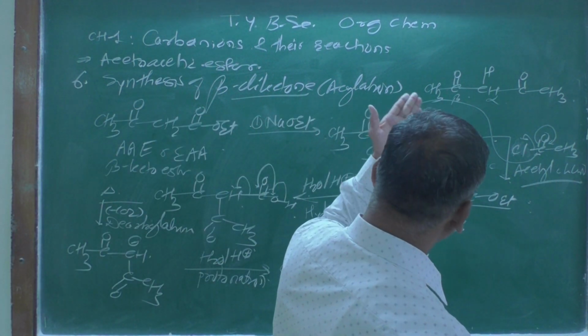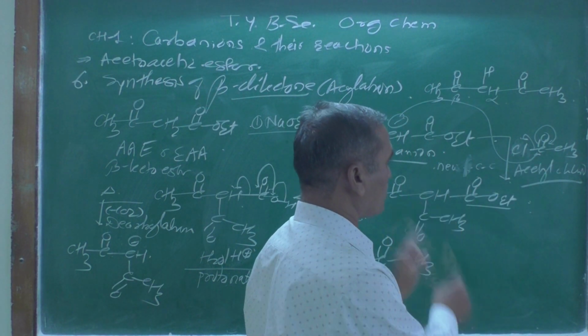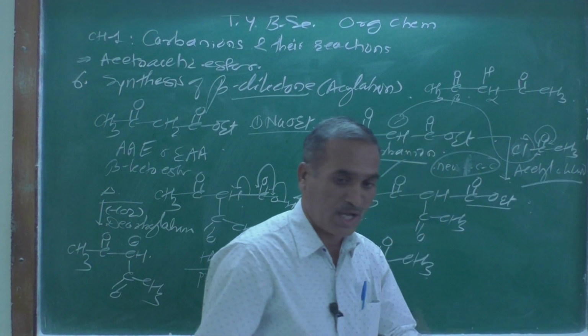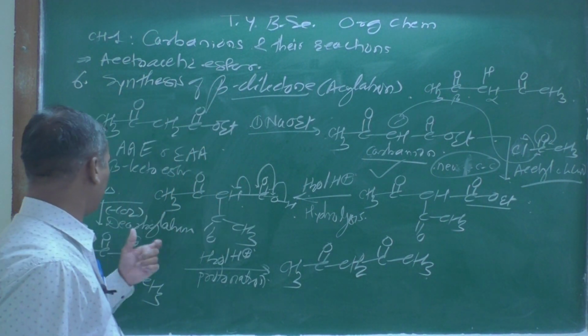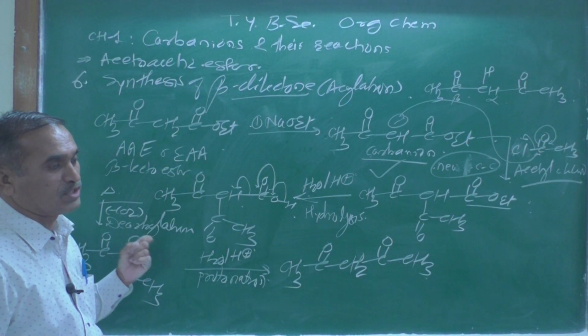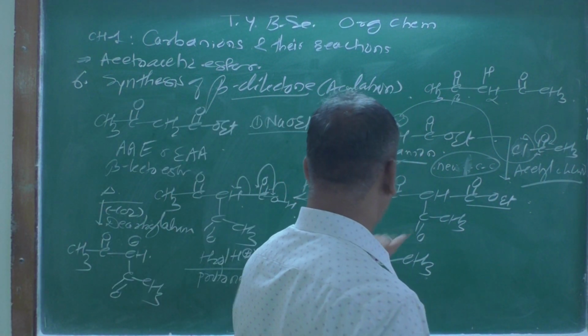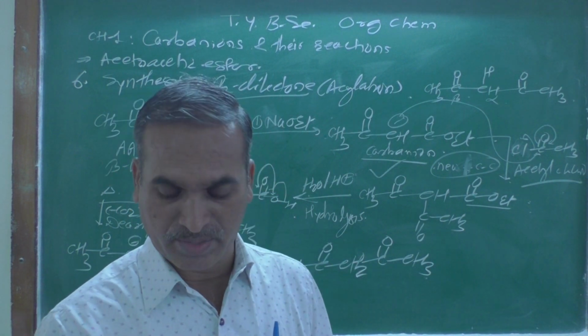But here when the carbanion attacks another species, there is a formation of a new carbon-carbon bond. At that time, we can call it a nucleophile, and here the negative charge over here, we can call it a base, because a base will abstract the proton and the resulting compound is the formation of this one.